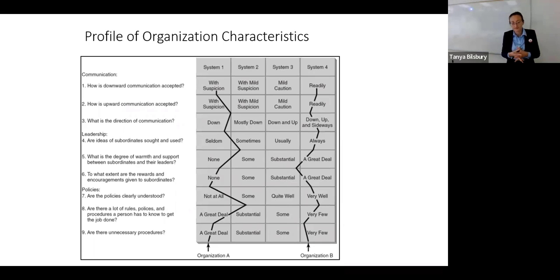The question, are there a lot of rules, policies, and procedures a person has to know to get the job done? And looks like a great deal is bad and very few is good. And I question that. Let's say that the context is the operating theater and you're the patient getting neurosurgery.